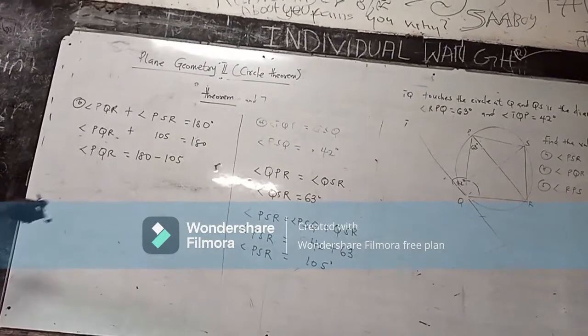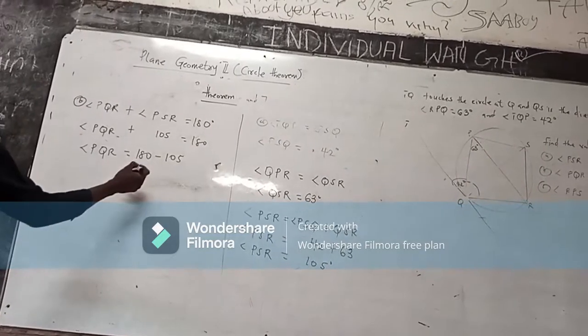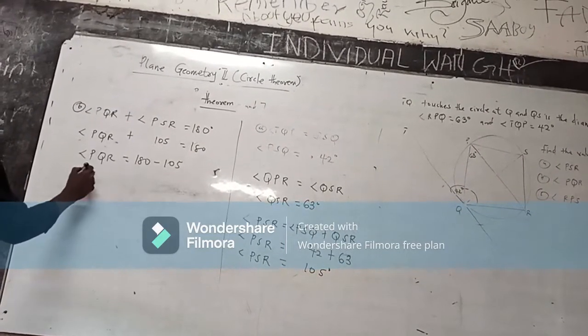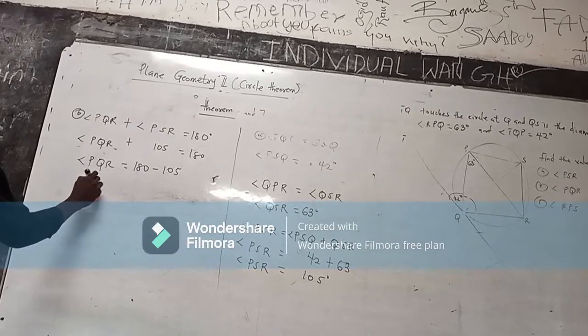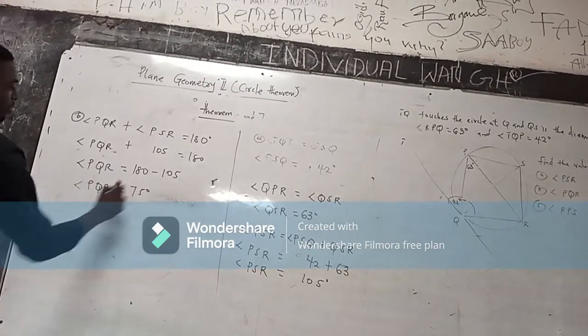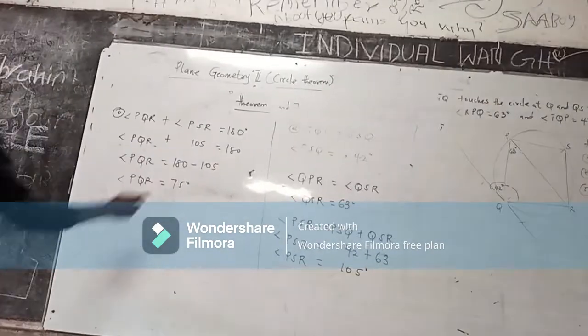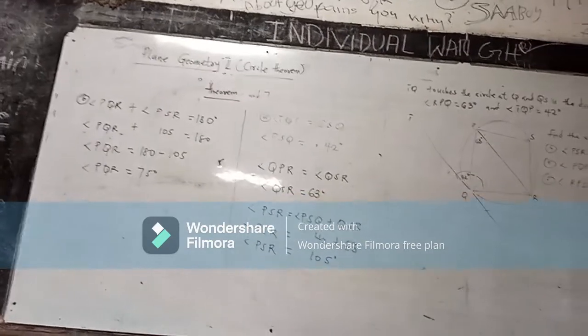So PQR is going to be what? 75. So when you add 75 to this, you have to get back to the 180.